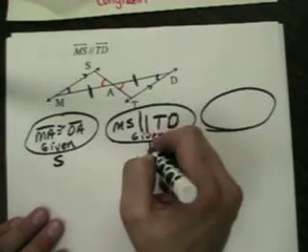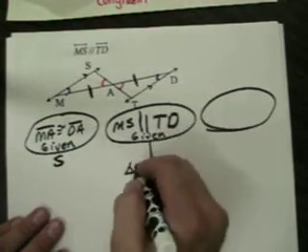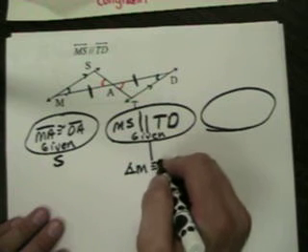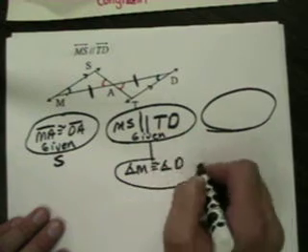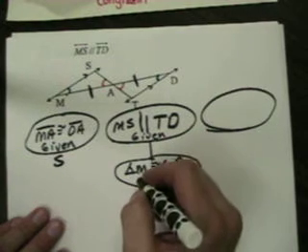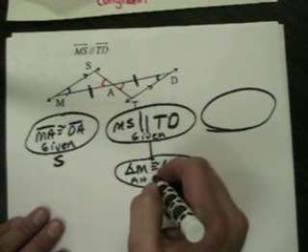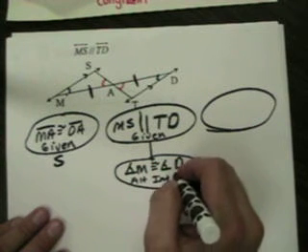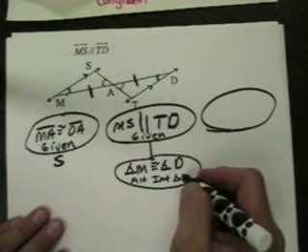I used this. From this, I drew these 2 angles. So I said that angle M is congruent to angle D. And why do I know that that is true? Because they are alternate interior angles of parallel lines. And since that, we know that that makes them congruent.